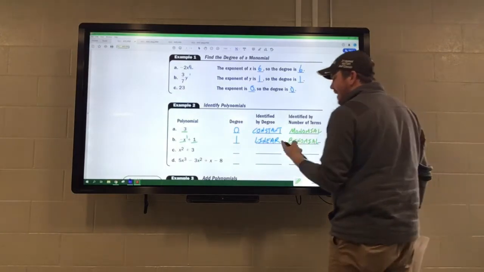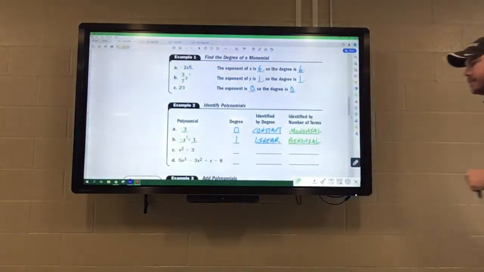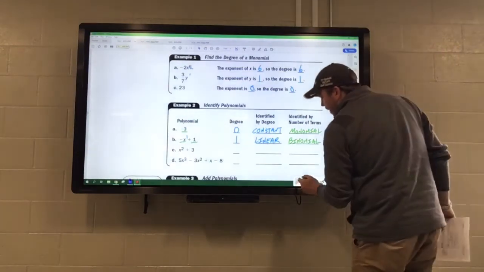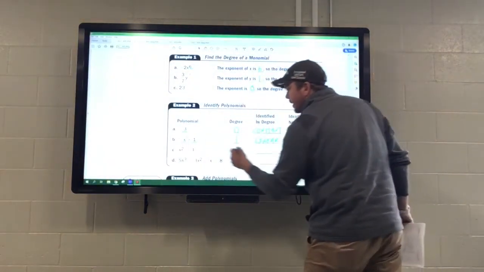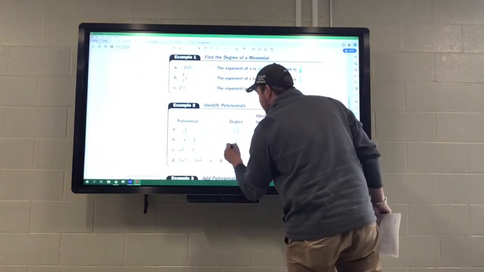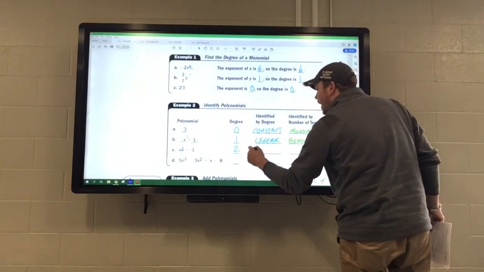So this is a linear binomial because it's degree 1 and there's 2 terms. For part C, looking at our variable, this time we have an exponent of 2. So my degree is 2. When we have degree 2, we call it quadratic.